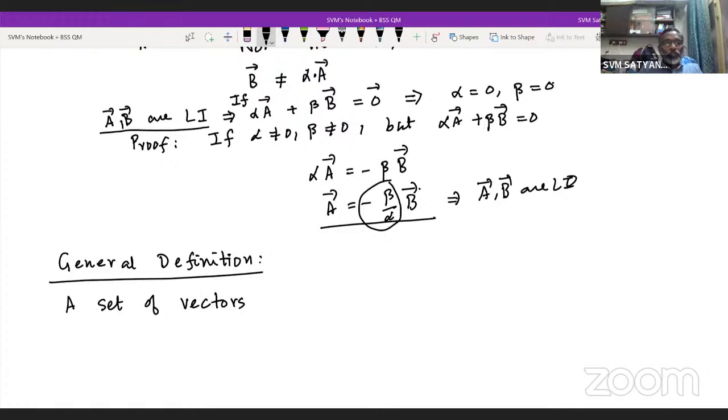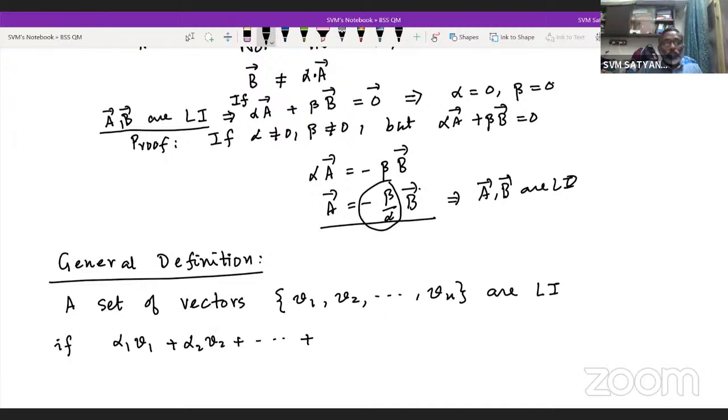A set of vectors, let us call them v1, v2, etc. up to vn, are linearly independent if alpha 1 v1 plus alpha 2 v2, etc. plus alpha n vn is equal to 0 implies alpha 1 is equal to alpha 2 is equal to alpha n is equal to 0. That is the only way in which this whole thing can be 0.